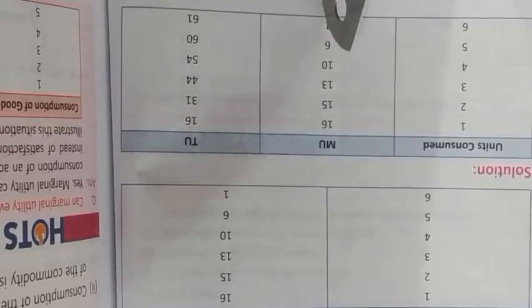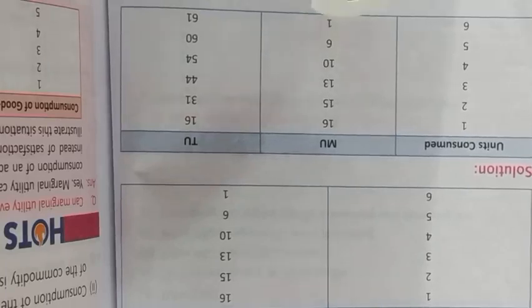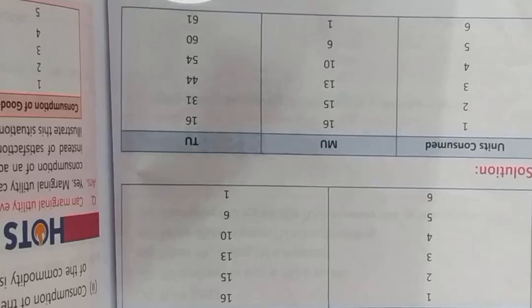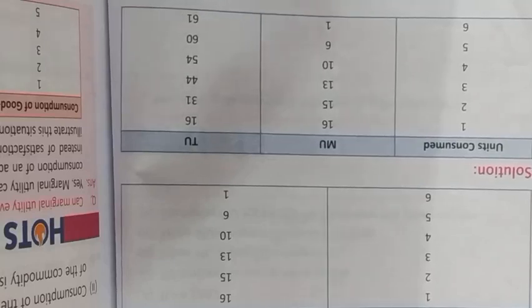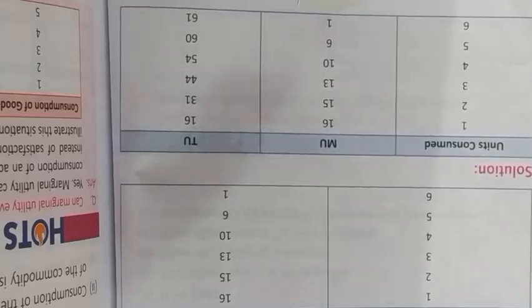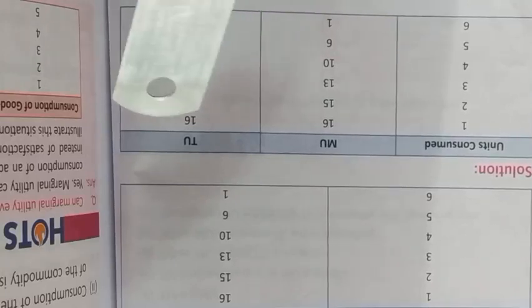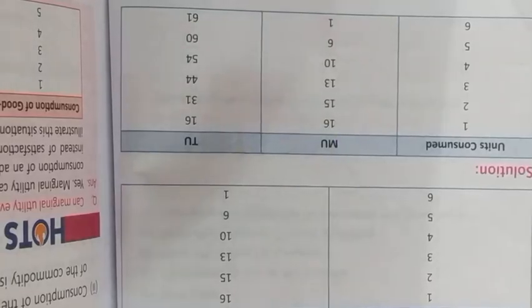If in the next unit MU is 0, then the total utility will remain the same, and when MU moves into negative points, the total utility starts decreasing. So from here we can draw the law of diminishing marginal utility.